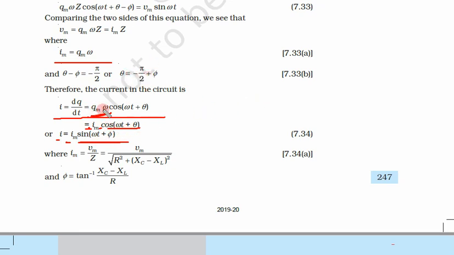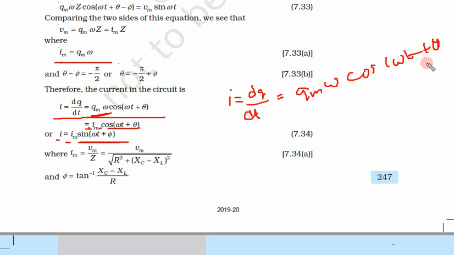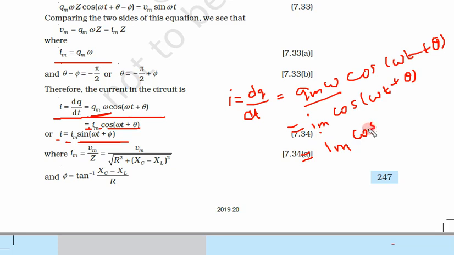Let us put in the values. I is equal to dq by dt, which is Qm omega cos omega t plus theta. This Qm omega is Im, and we have cos omega t plus theta. Let us put the value of theta, which is minus pi by 2 plus phi. So Im cos omega t minus pi by 2 plus phi.